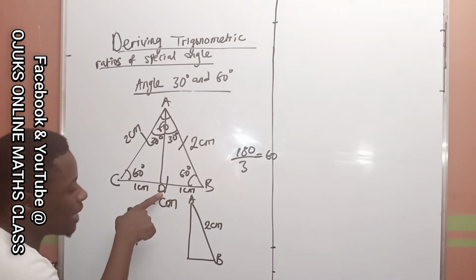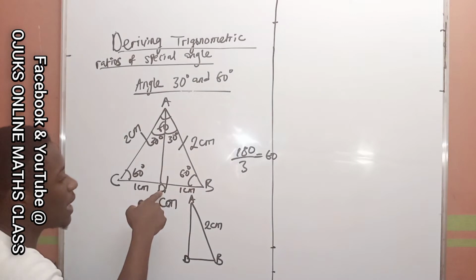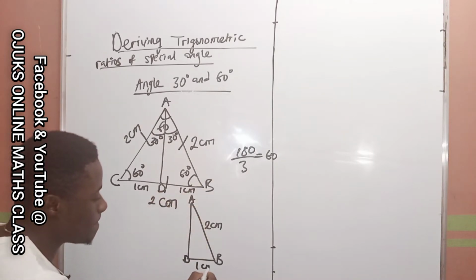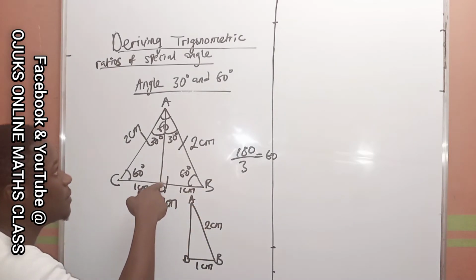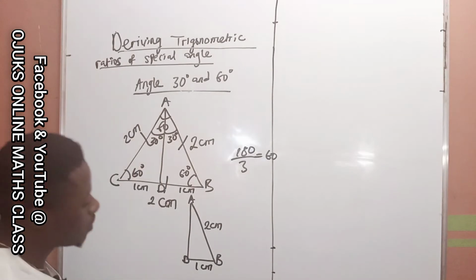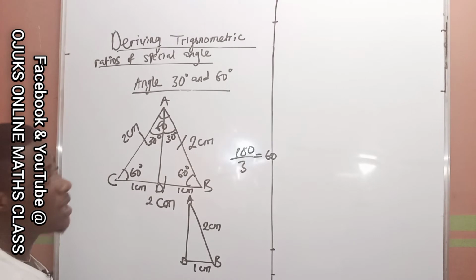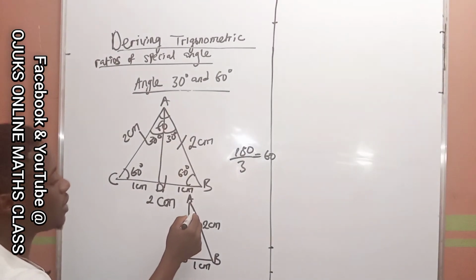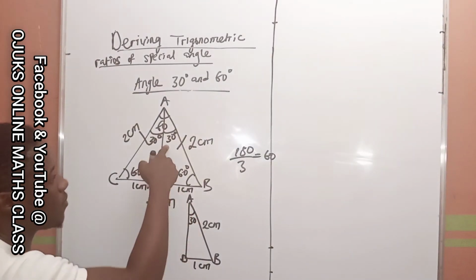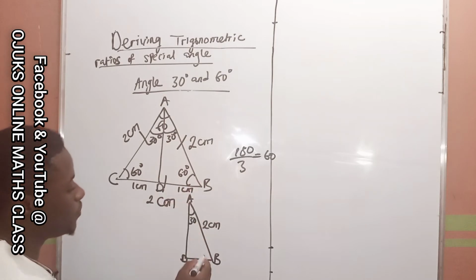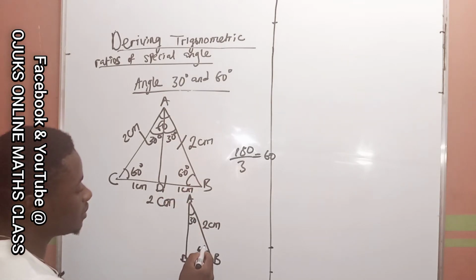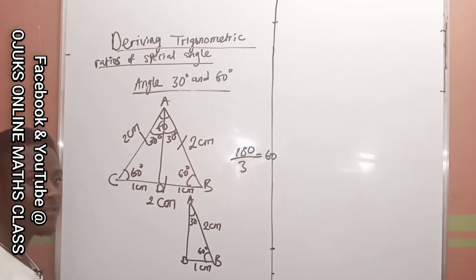So our line DB here should be 1 cm, and our line AD is unknown yet. We have 2 cm and 1 cm. Their respective angles: angle A should be 30 degrees, from what we observe here, and angle B should be 60 degrees. So we now have this.